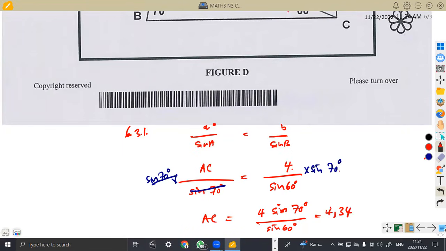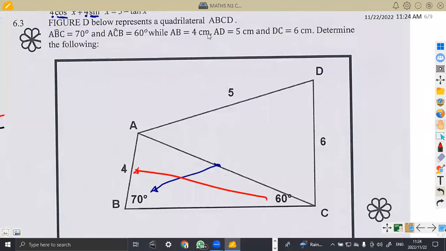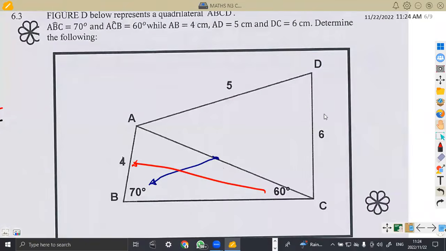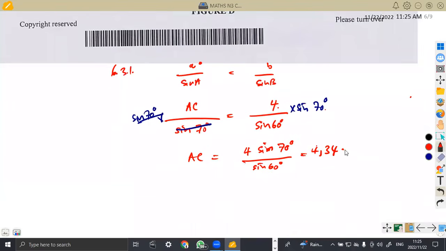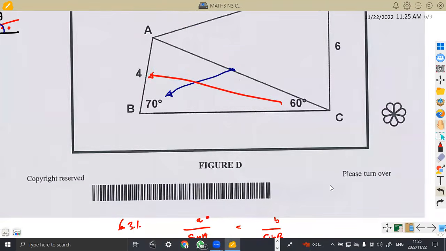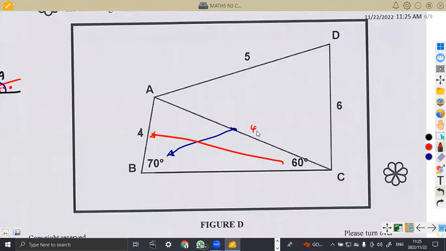Maintain the units which are given; the other dimensions are in centimeters. So this was also going to be 4.34 centimeters. So AC is 4.34 centimeters. Okay, so that was our AC.